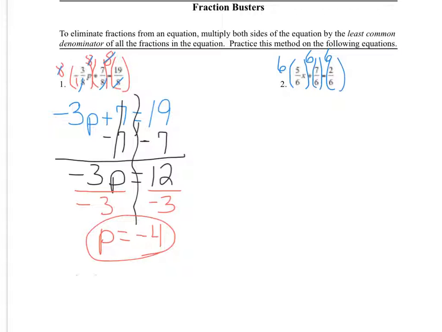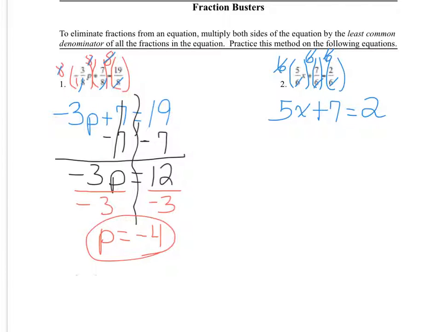Again, those 6s are going to cancel each other, and I'm left with 5x. These 6s are going to cancel each other, so I'm going to get plus 7 equals, and 6 divided by 6 is going to leave me with a 2.